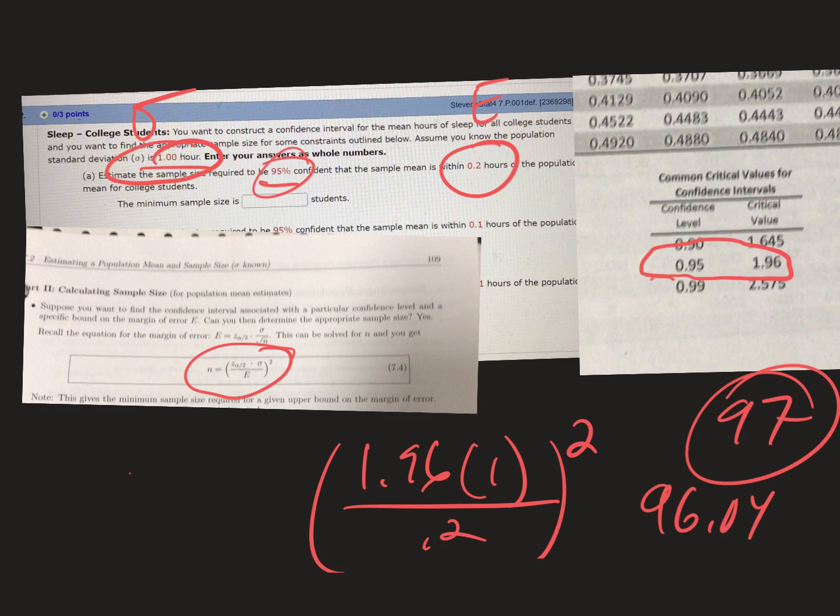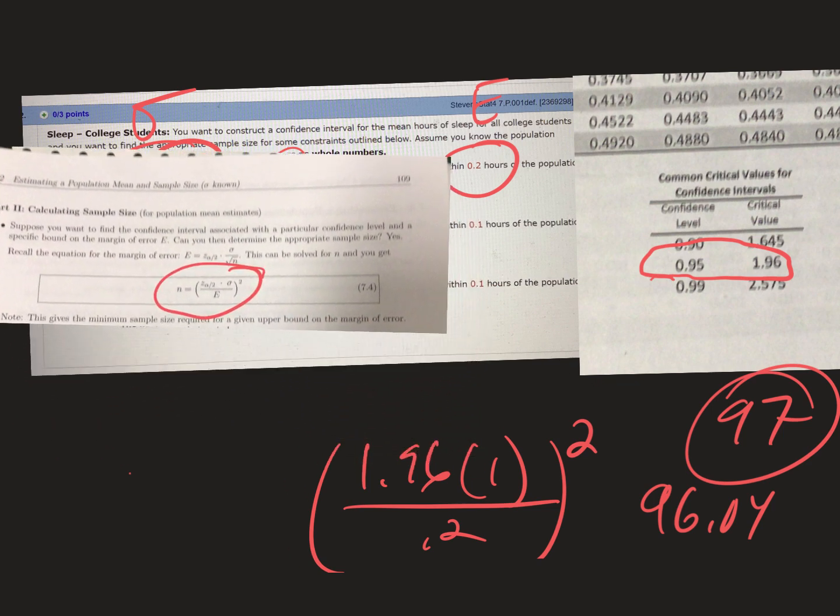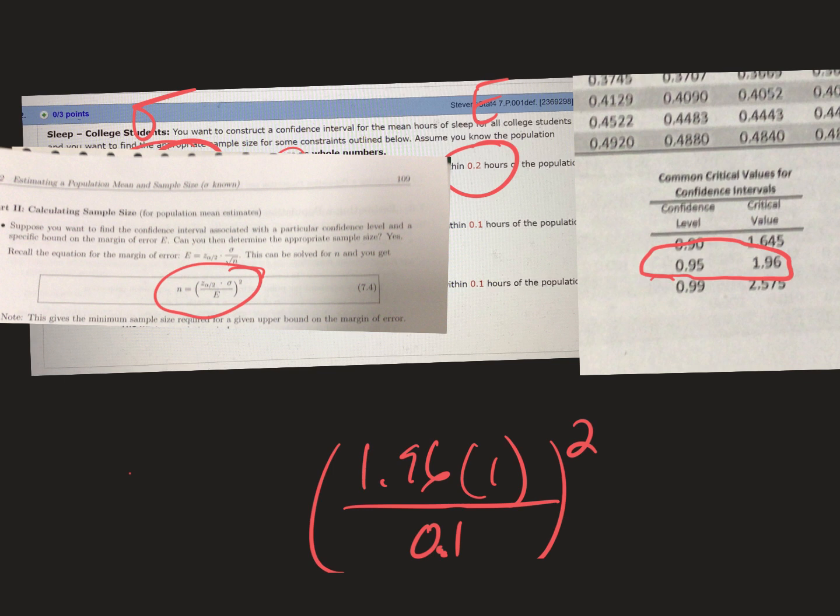Okay, so the next one is very similar, except now they just change the margin of error. Instead of 0.2, we're going to make it 0.1.